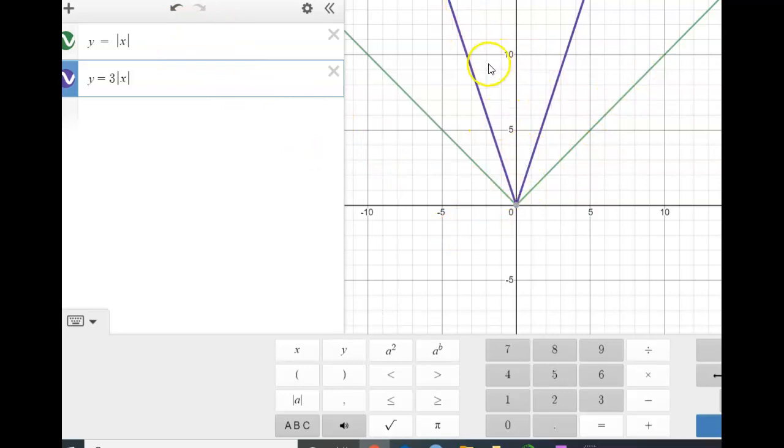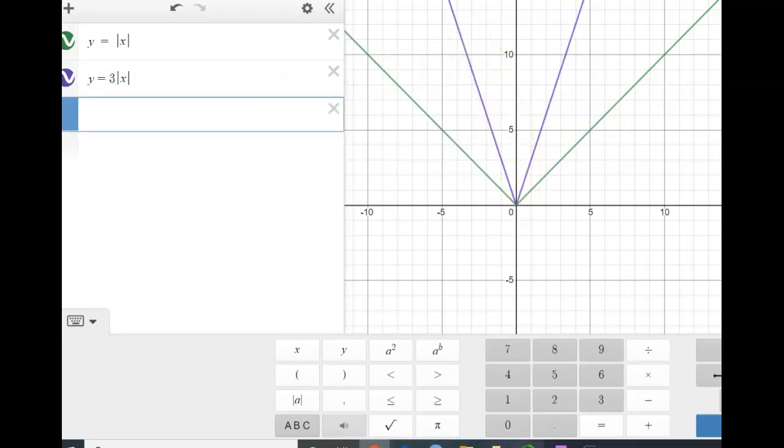I know it looks like it got narrower, which could be mistaken for a horizontal shrinking. But because the constant is outside the absolute value, I know the change didn't take place on the x directly. It took place after the absolute value was calculated. So if the change happens to the y, it is going to be a vertical change. And in this case, it's a vertical stretch.